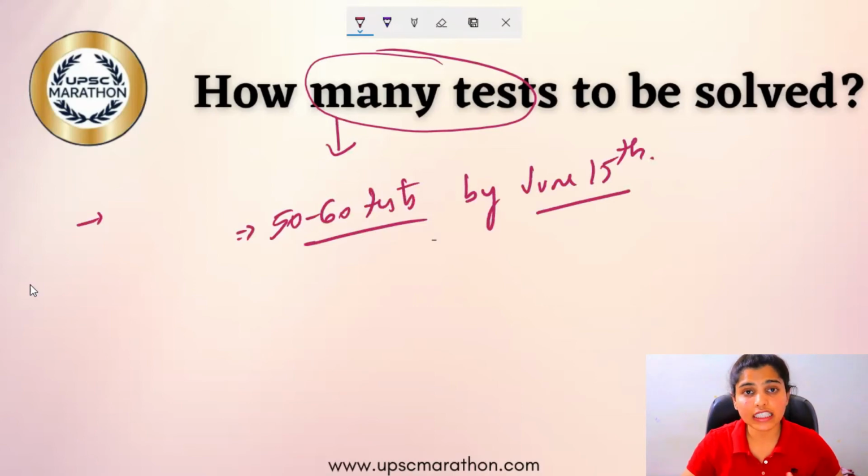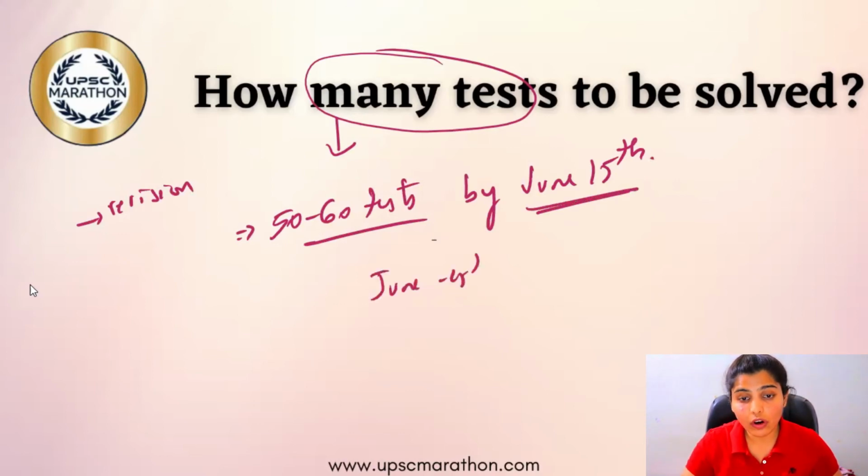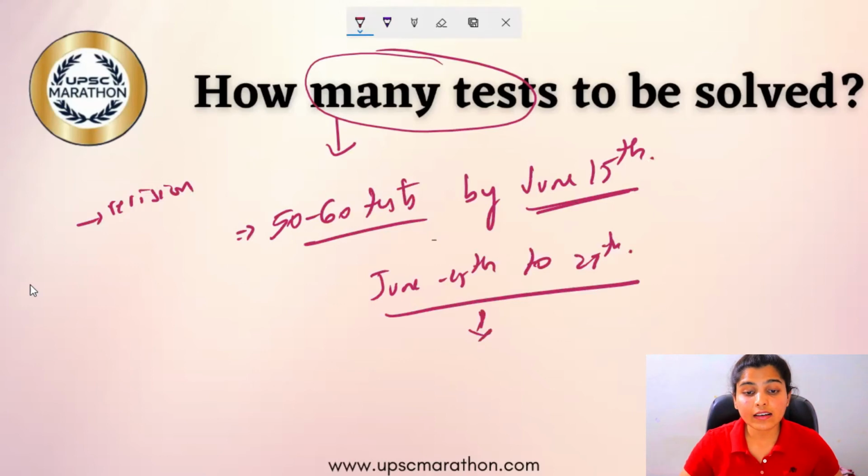It is because of the reasons that we have discussed previously, be it for the revision of the subject, for the additional concepts, to get familiar with the difficulty level, or to increase your pace of preparation and all. So by June 15th, what you're supposed to do from June 15th to 25th, as the 27th is our exam, note it down and underline it, mind it.